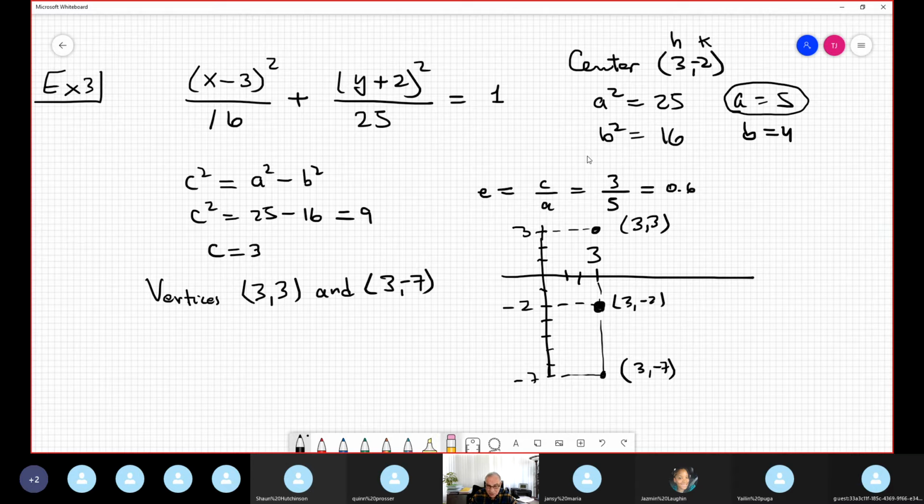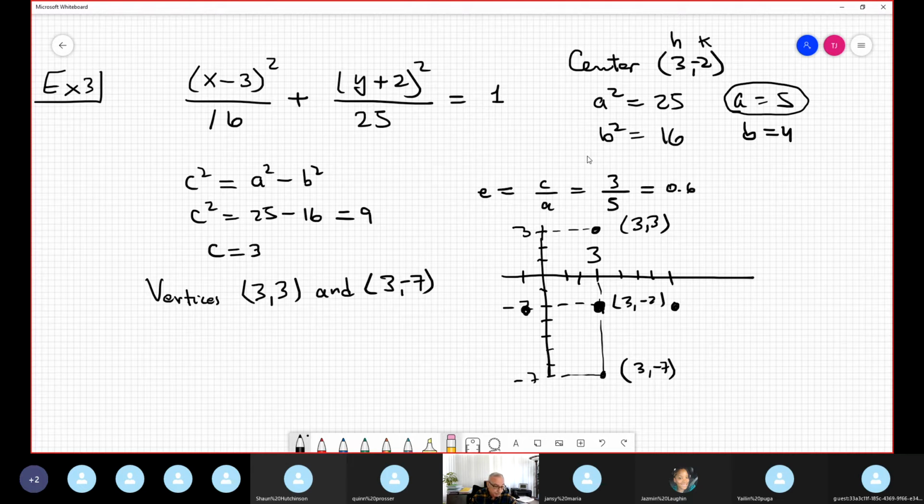You plot the center, you know that the A is the major axis this time, 5, and I know that the major axis is located in the y direction, so you move 5 upward and 5 downward. Likewise, you want to find the minor axis, so to the right and to the left. What distance? 4 distance. I move 4, 1, 2, 3, 4 here, and 1, 2, 3, 4 here.